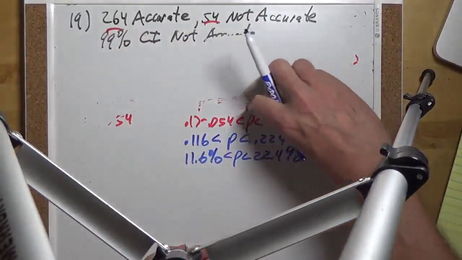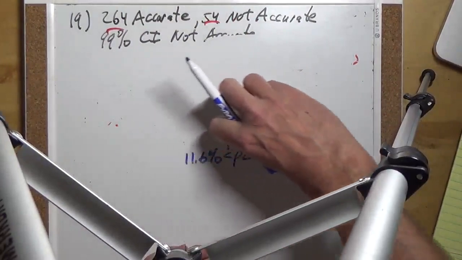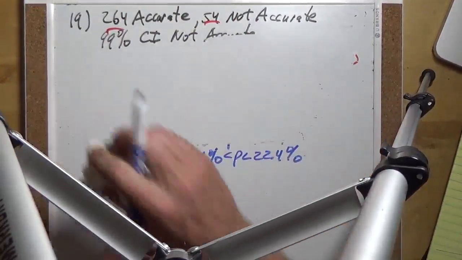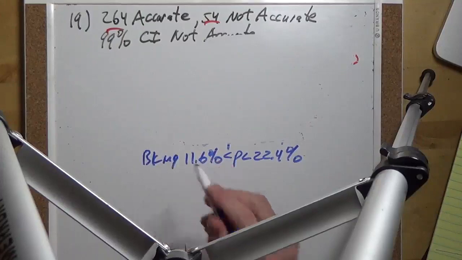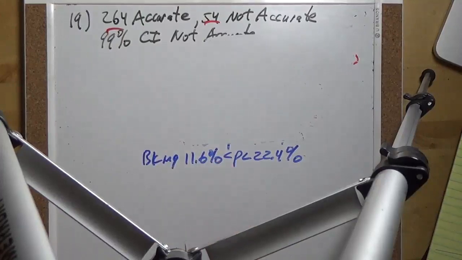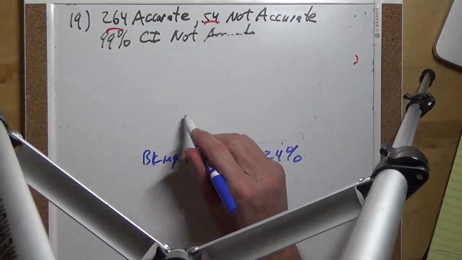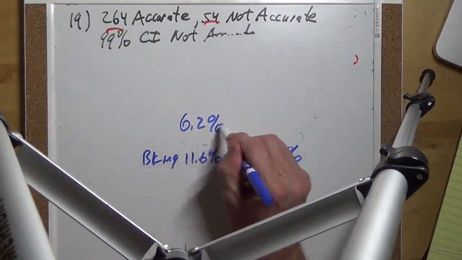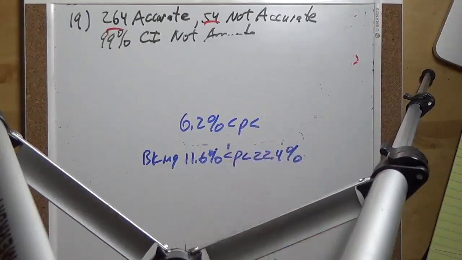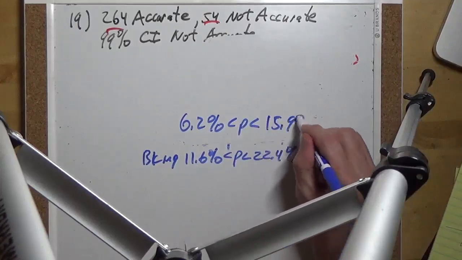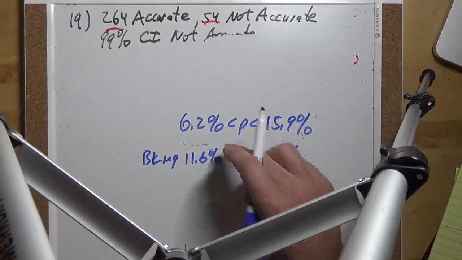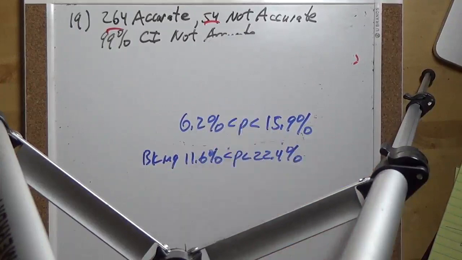Now the other part of this says, let's compare this to Wendy's. Let's see if I can do this without messing this up. Okay, so this is Burger King. Wendy's was 6.2% less than p, less than 15.9%. What can we say? Well, it looks like Wendy's would be lower.